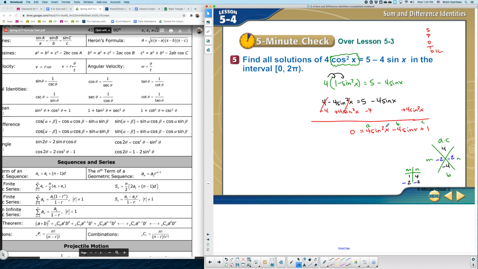Those are two numbers. So what I do, I split this power. And so I'm going to have 4 sine x minus 2, and then over here, another 4 sine x minus 2. Notice I should only have one value of 4. Here I have 2. I have an extra value of a. And so normally this means I need to divide by 4, but neither factor can be divided by 4.